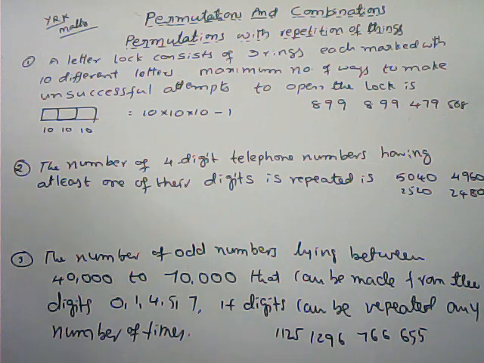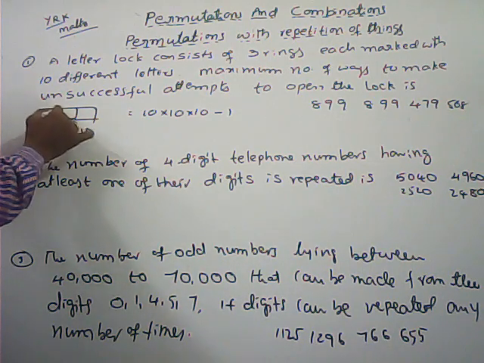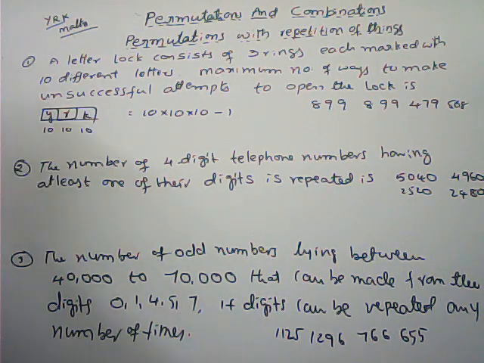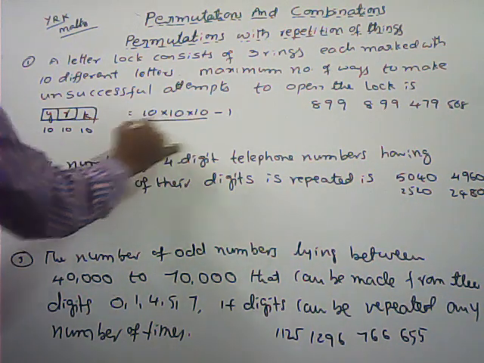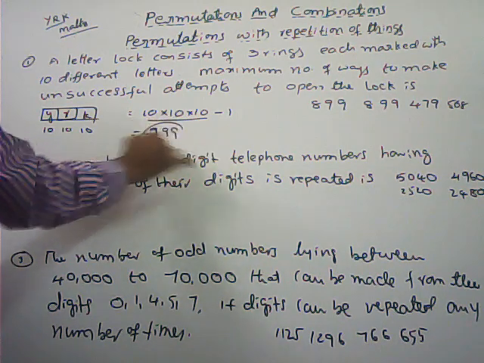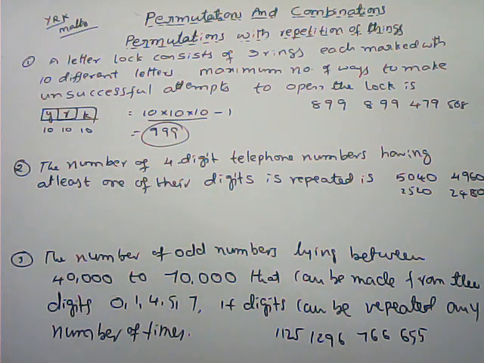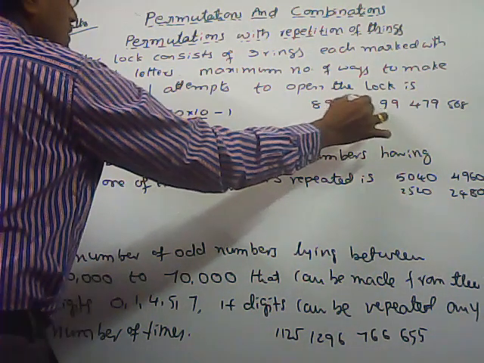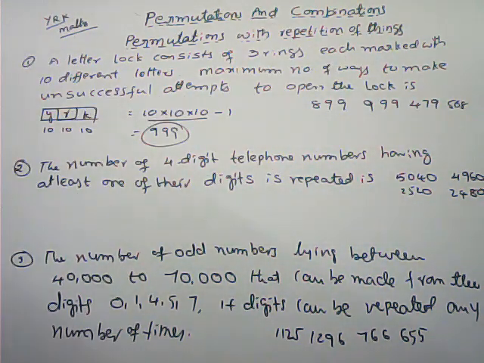For example, if I keep y here and r here, this is the successful attempt only. That successful attempt I am subtracting. The remaining all, 999, those are unsuccessful attempts only.